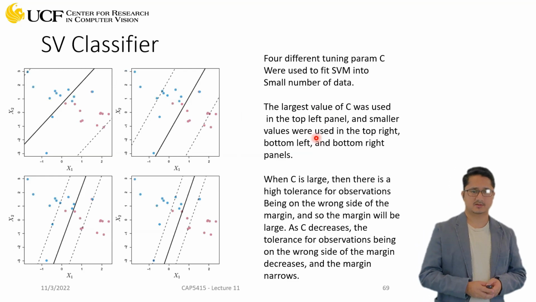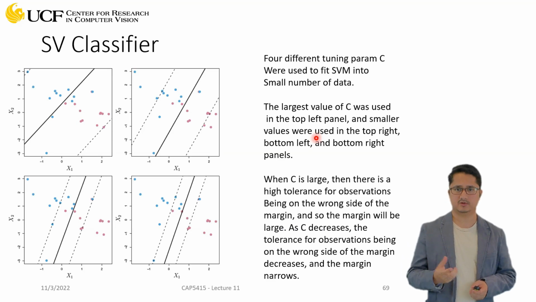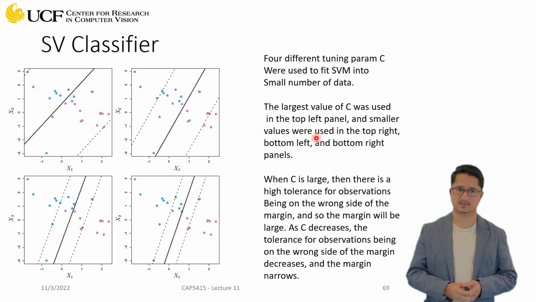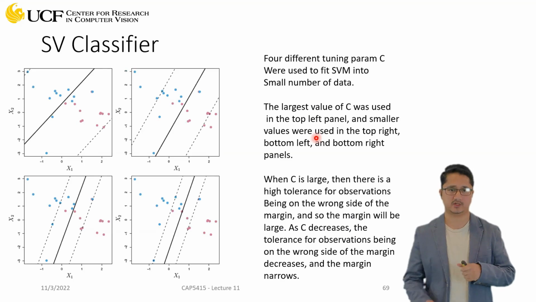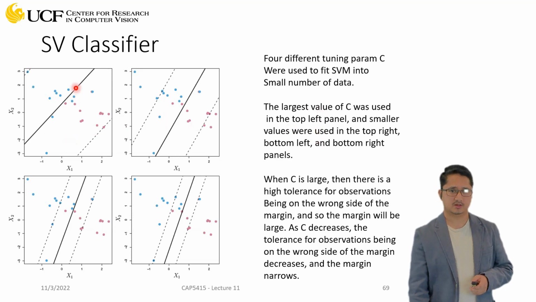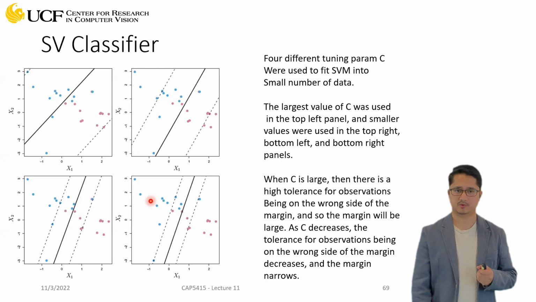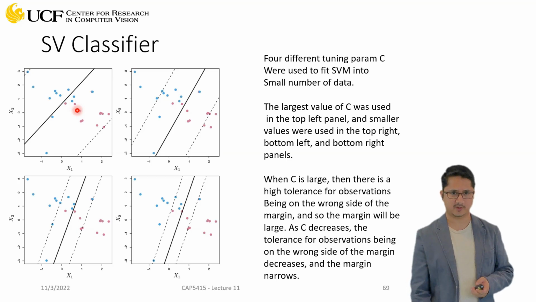Okay, so now let's try to understand the effect of C, the parameter in your support vector machines, how that changes the decision boundary, and how it changes the support vectors you will have. All four are corresponding to the same training data. In the first, you have a very large value of C, which means you are allowing a lot of samples to cross the boundary, to cross the support vectors.